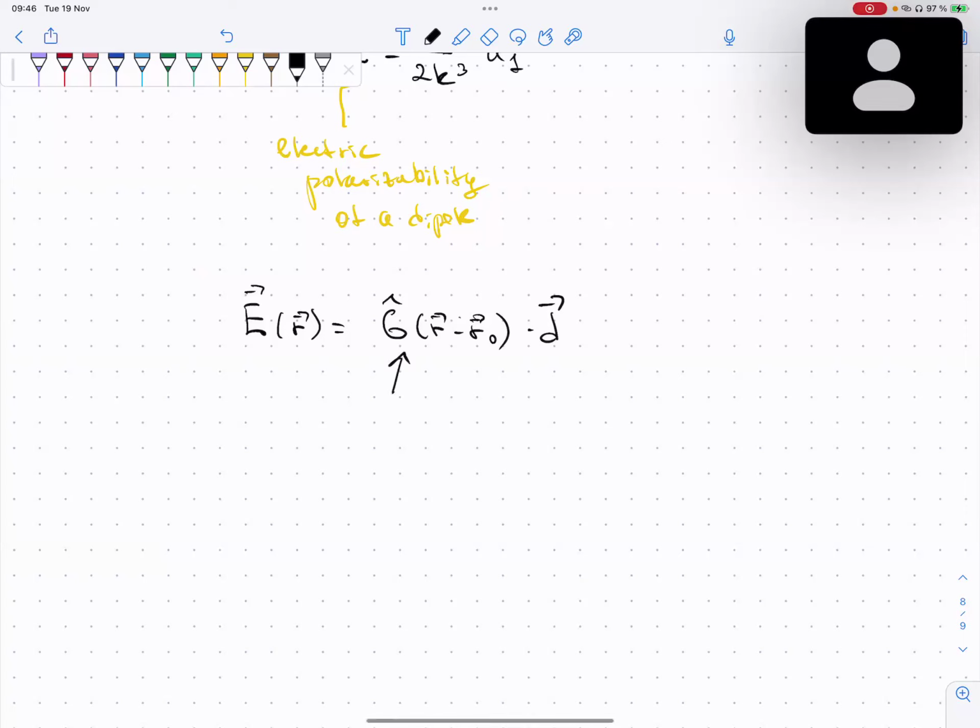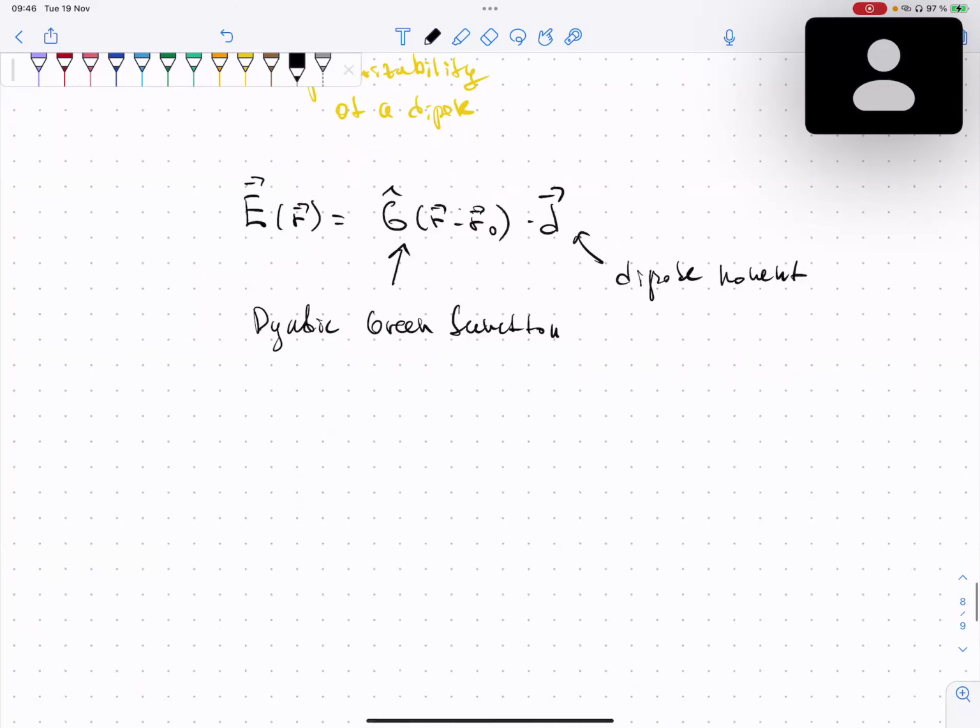This is basically a dyadic Green function, and this is the dipole moment.